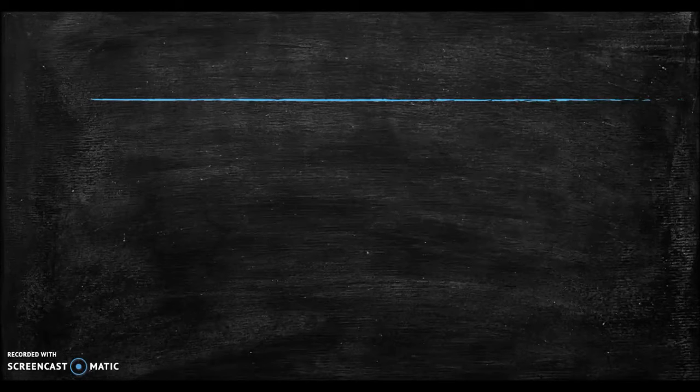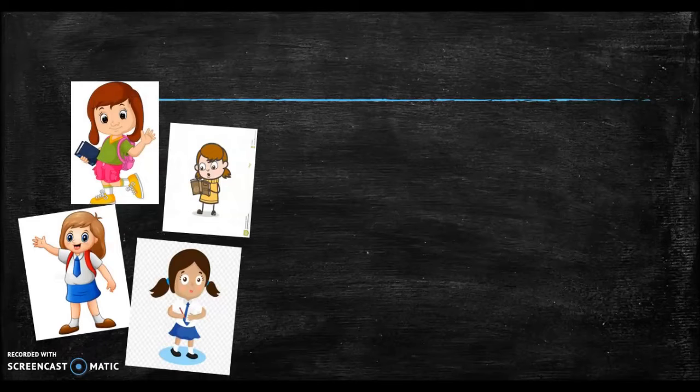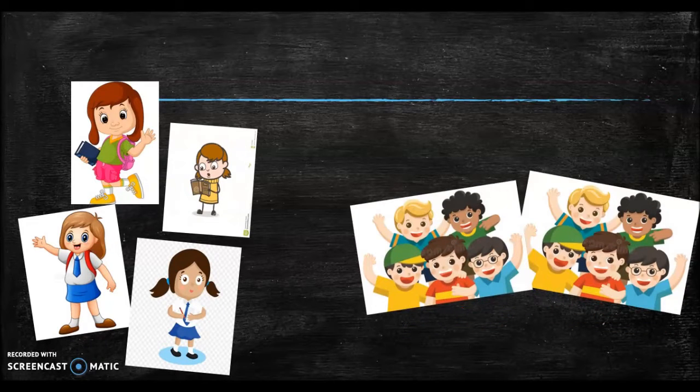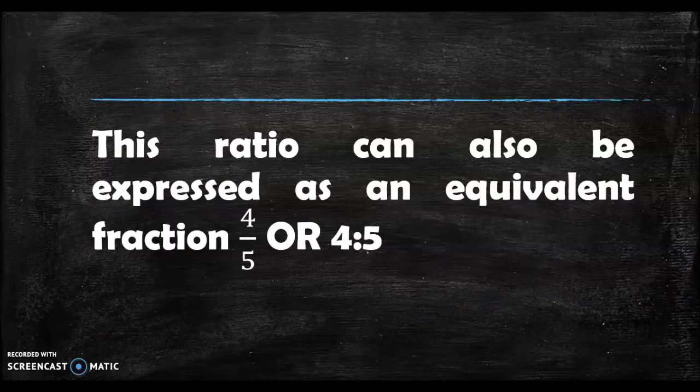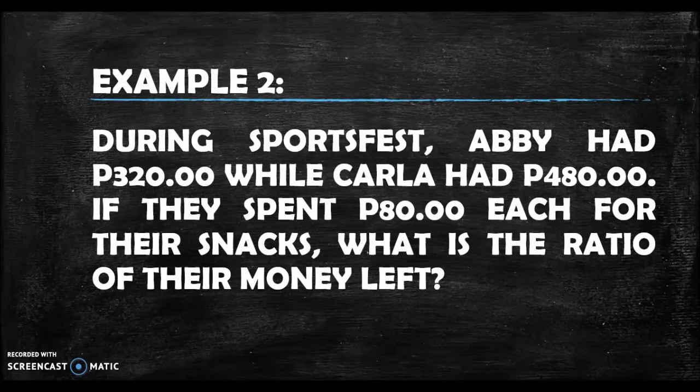The ratio of girls to boys is 20/25, or written as 20:25. This ratio can also be expressed as an equivalent fraction, 4/5 or 4:5.